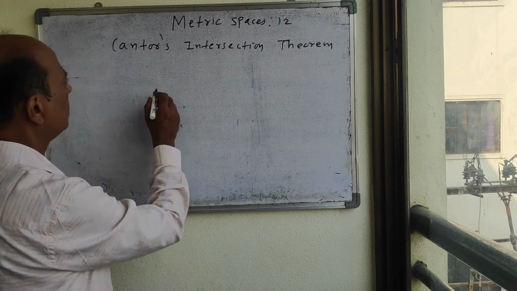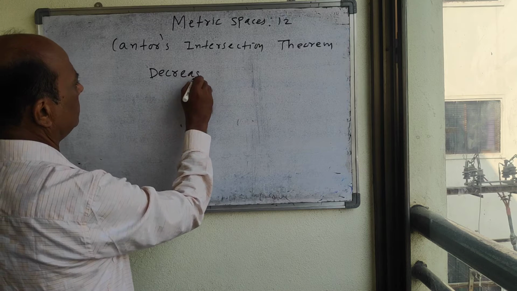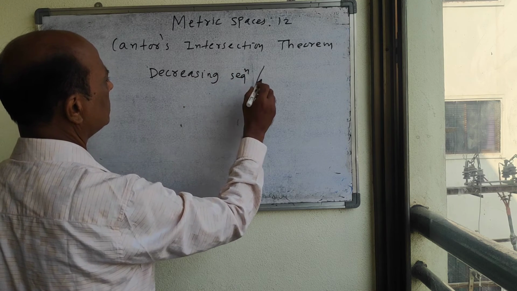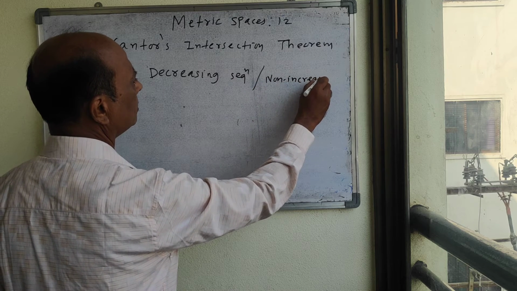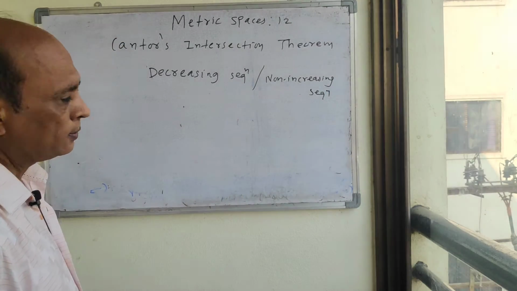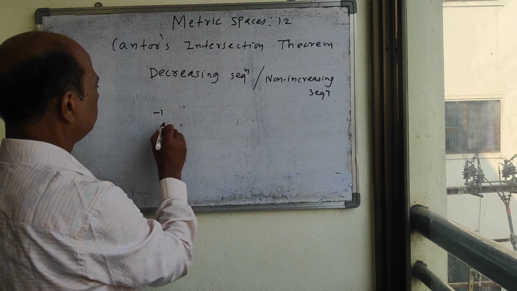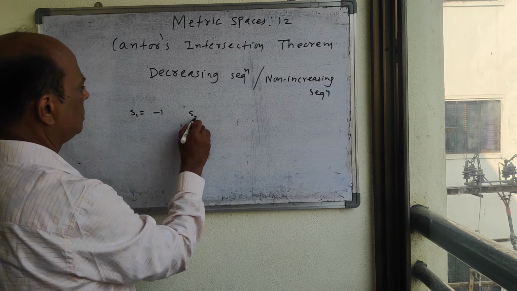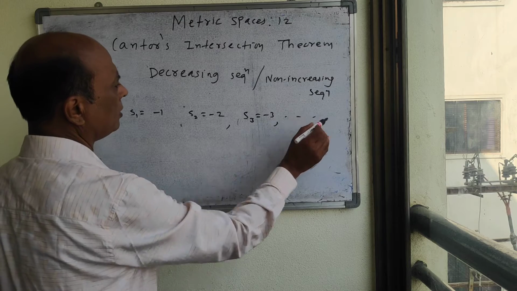So let us see what is meant by a decreasing sequence, or in other words, a non-increasing sequence. Suppose there is one example: S1 is equal to -1, S2 is equal to -2, S3 is equal to -3, and so on.